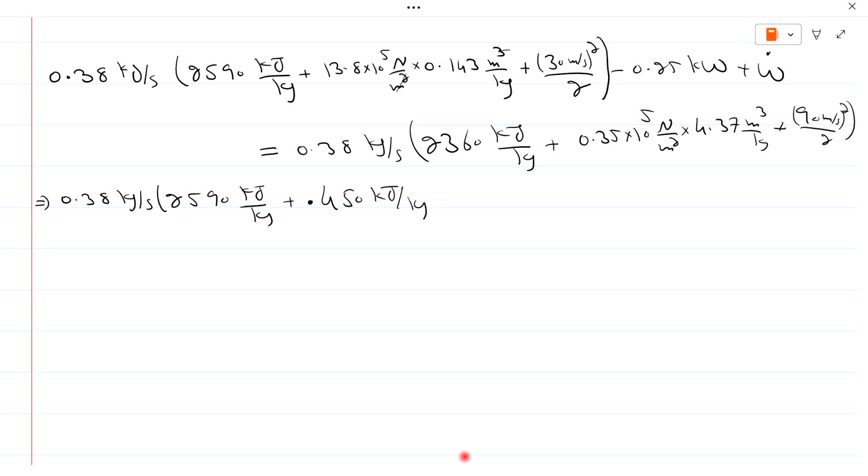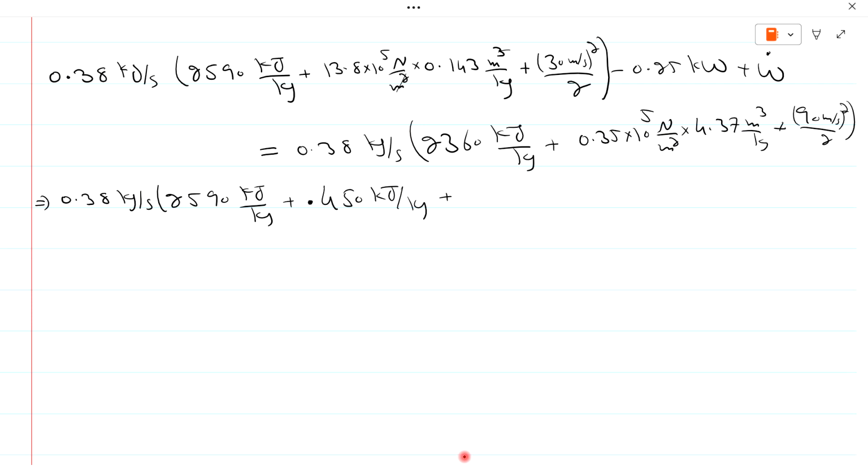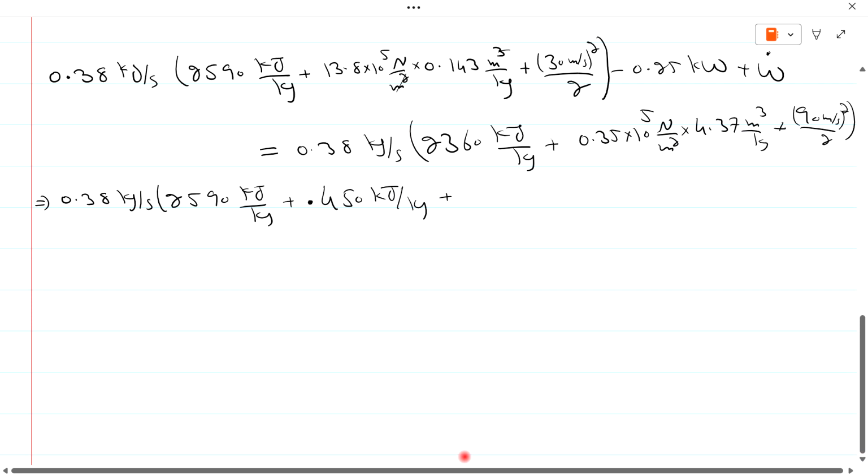And 30 square by 2, 900 divided by 2, is the result of velocity c1 square divided by 2, and the result of this term is equal to 197.34 kilojoule per kg. This calculation is so simple.